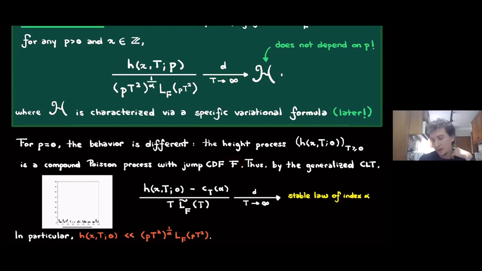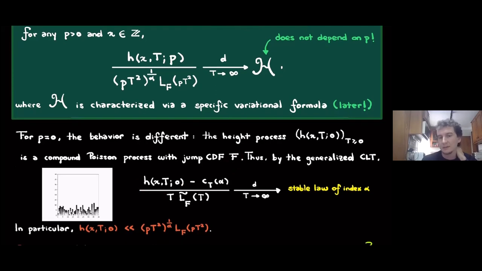In particular, it follows from the generalized central limit theorem that if you take the height above x at time t for the non-sticking case, and you scale it appropriately, then it converges to some stable law of index alpha, okay? I don't want to discuss what this stable law is, and I also don't want to discuss much about the scaling.